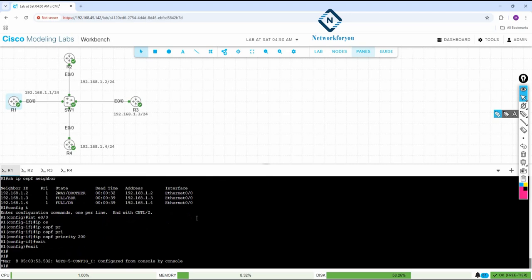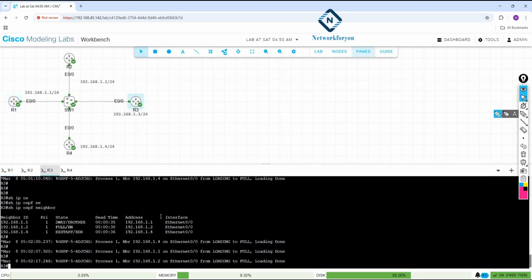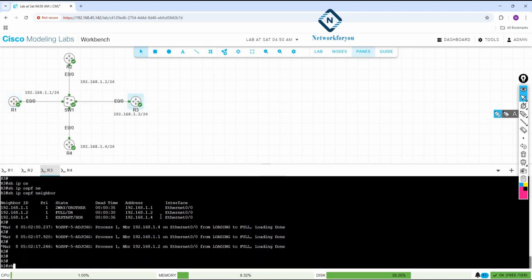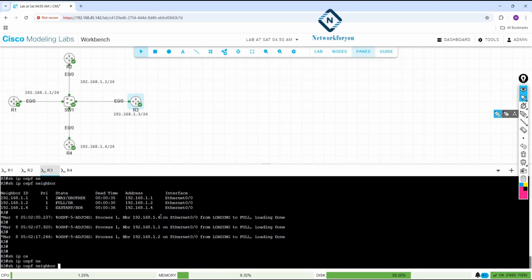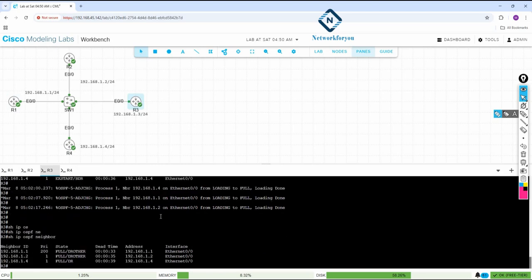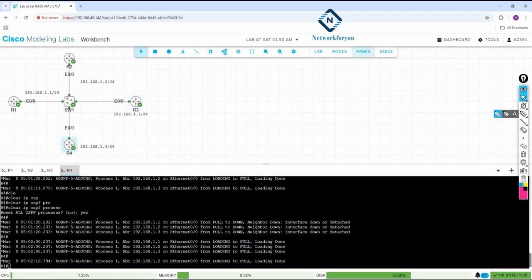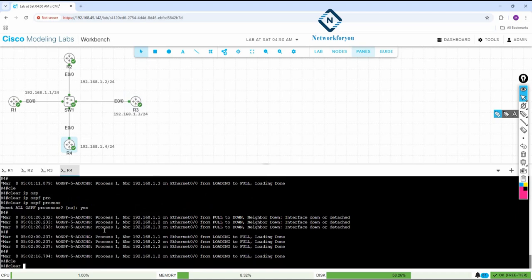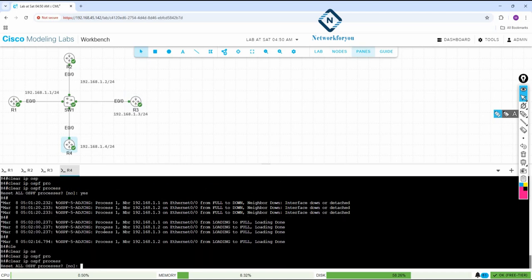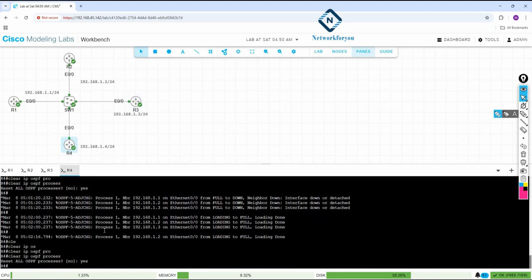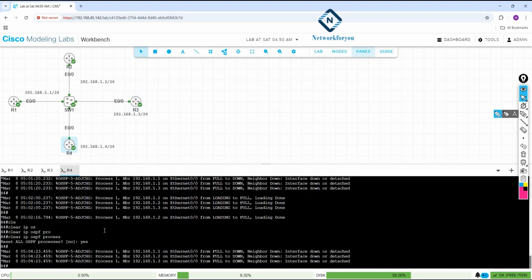So I will go here and check show ip ospf neighbor. Now if you see, I increased the priority here, but you still have the old state. So what I need to do is reset the OSPF. I will write clear ip ospf process and write yes. After some time it will reset.